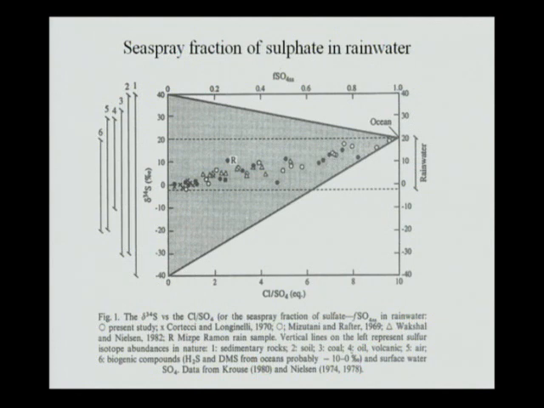Oil, volcanic, biogenic compounds like DMS, dimethyl sulfide from the ocean, etc. So, a big range, which would be independent of that. Big range on possible sources, independent of chloride over sulfate.